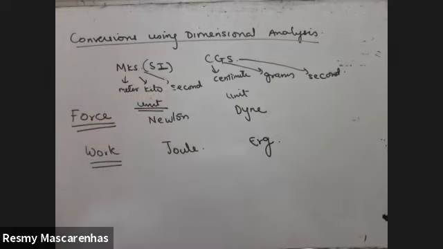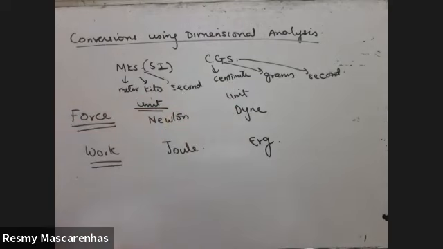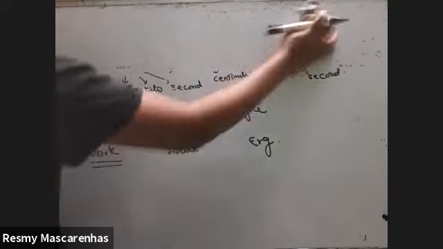In terms of meters, it is called joule, and in terms of centimeters, if you are measuring how much work is being done, it is called erg. The dimensions will always remain the same. Force and work, both the same. That MLT will remain the same. So now we convert.